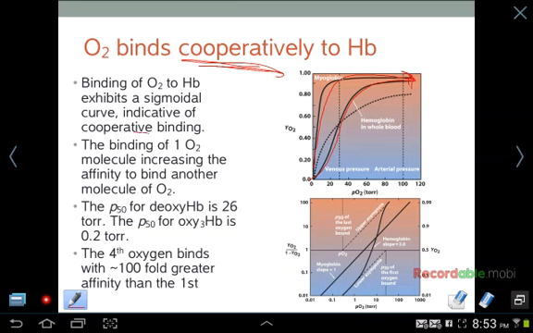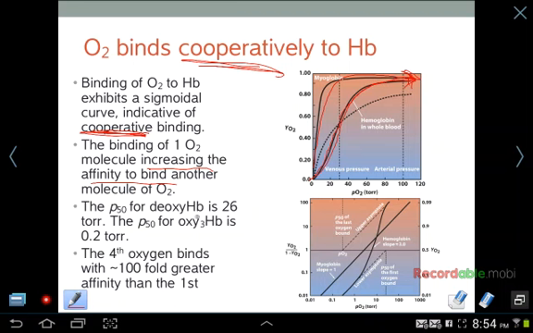And what this is indicative of is cooperative binding, which means when one oxygen molecule binds, it increases the affinity of another oxygen molecule to bind. So that's why first we see a slow slope of binding, but once we start to bind more oxygen, we see that slope increase and we become more like myoglobin.